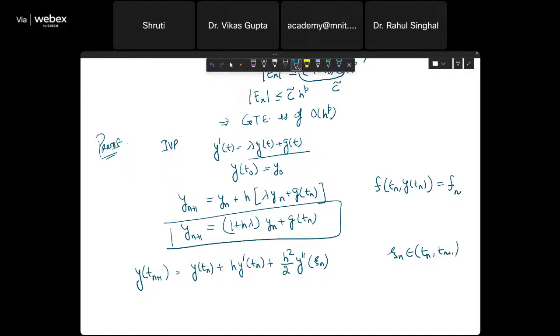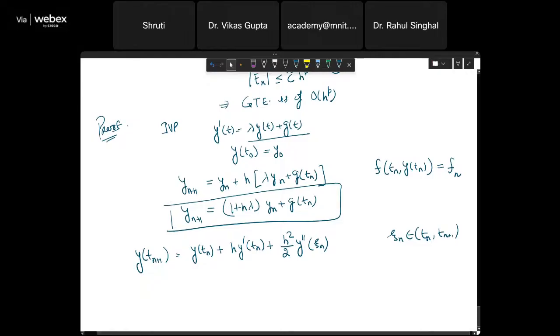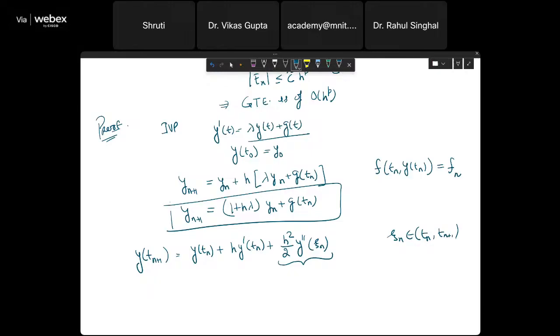We know that this last part is what we just obtained as the local truncation error, so we can replace it by en plus 1. Y dash at tn we can substitute from the equation, so it gives y at tn plus h times lambda y at tn plus g at tn.